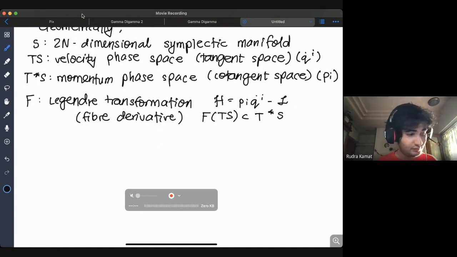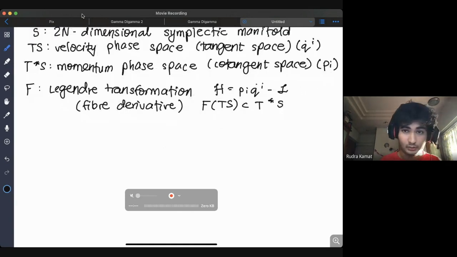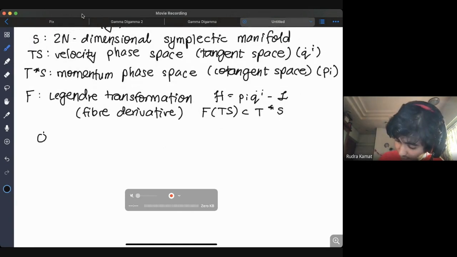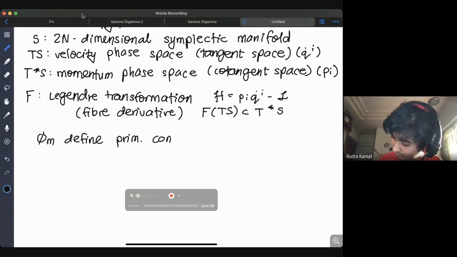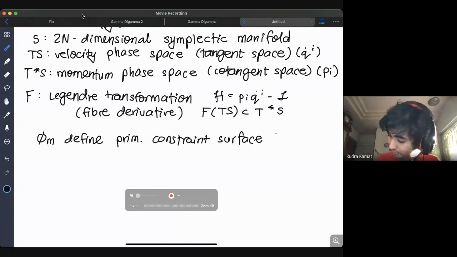Okay, so this was some terminology. Now, what's important is noticing what these primary constraints do. So, phi m define a primary constraint surface. Call it gamma sub p.